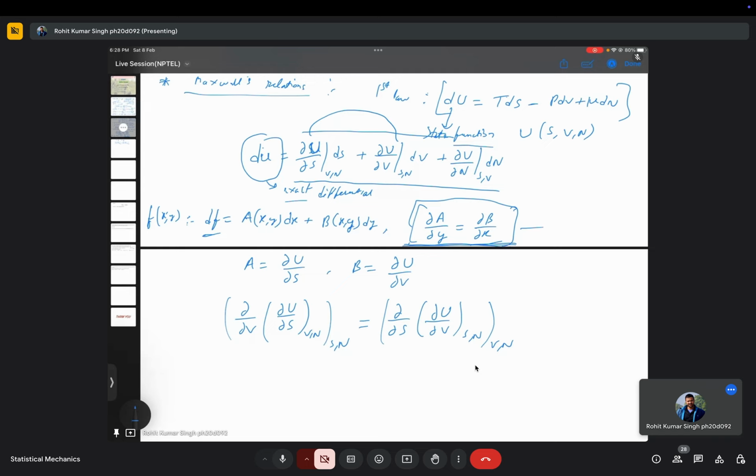Okay, and then using the first law of thermodynamics, del U by del S is just the temperature, right? So you get this, and del U by del V is just the negative of pressure, so we get this.